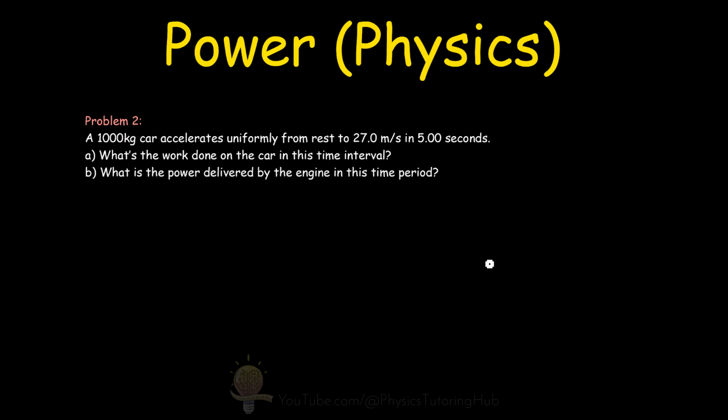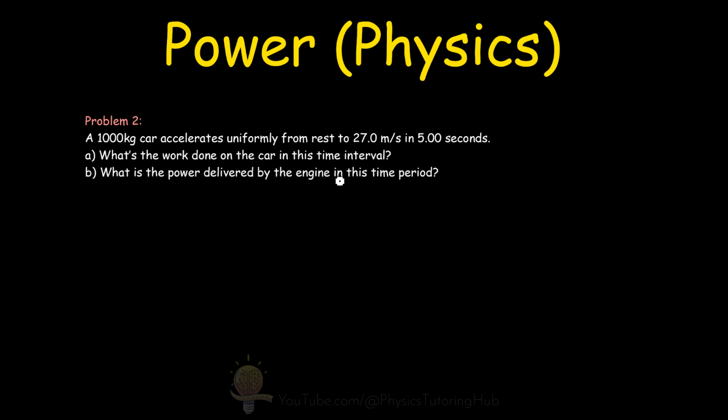So our second problem states we have a 1,000 kilogram car that's accelerating uniformly from rest to 27 meters per second in 5 seconds. Part A says, what's the work done on the car during this time interval?